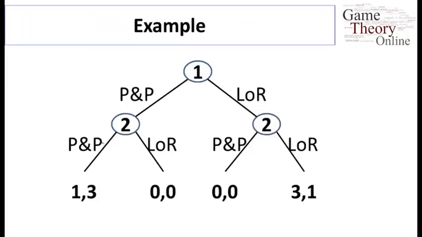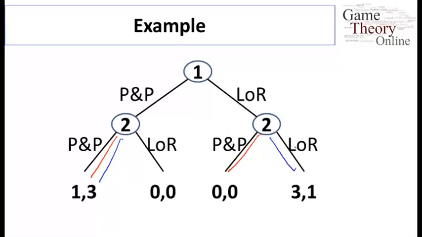So let's look at our familiar sequential battle of the sexes game as an example. We've already seen that player 2 has 4 available strategies. For example, this one, and this one, and the 4 other ones.